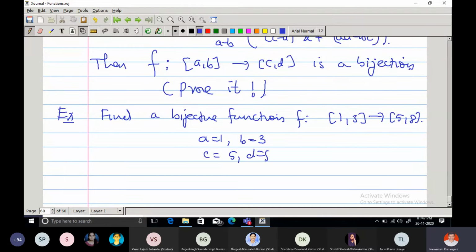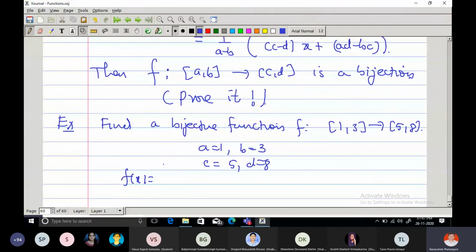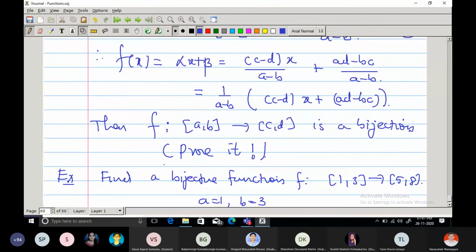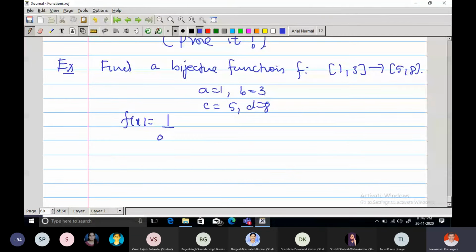1 upon A minus B into C minus D times x plus AD minus BC. So what is A minus B? What is A minus B? Minus 2. Minus 2 outside, and inside the bracket C minus D is minus 3, right? 3x.